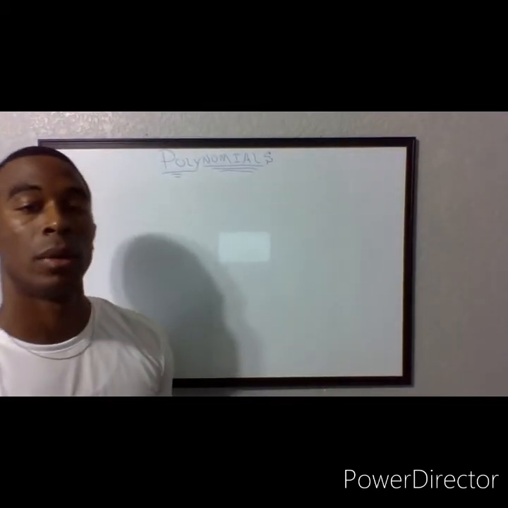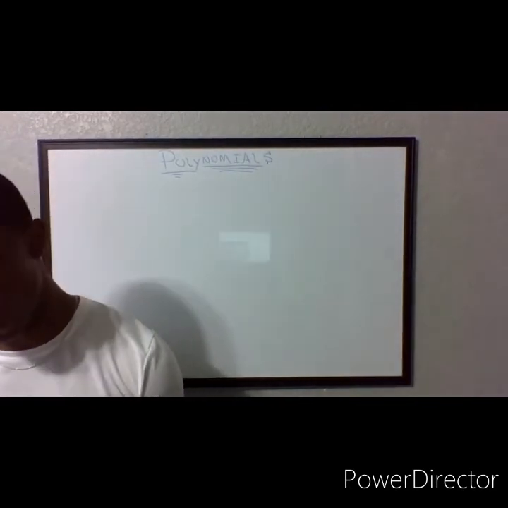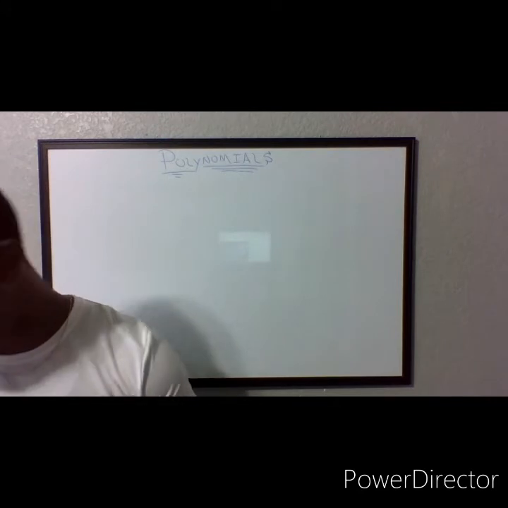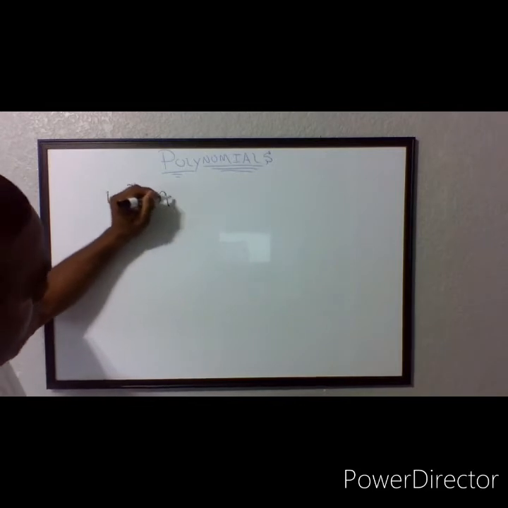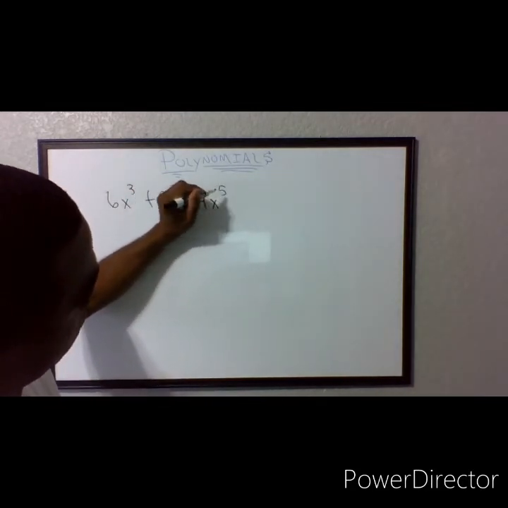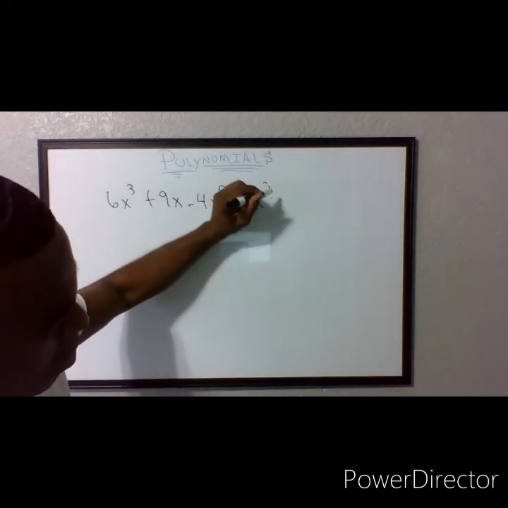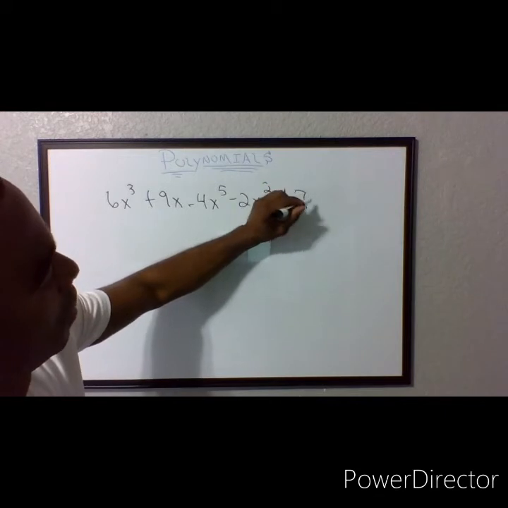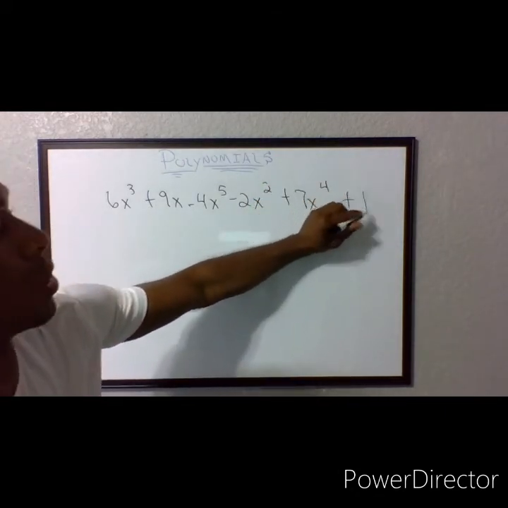Okay, so now we're going to put everything we learned together all in one. We're going to write a random equation: 6x cubed plus 9x minus 4x to the 5th minus 2x squared plus 7x to the 4th plus 1.